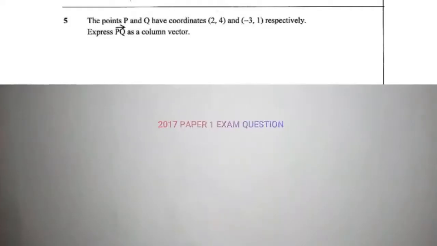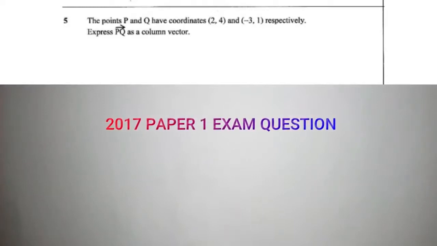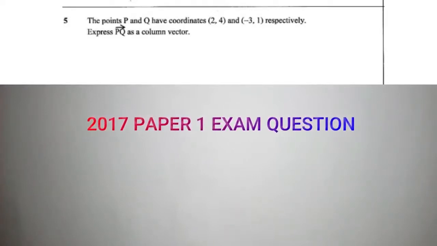This question came in 2017. So the question reads, the points P and Q have coordinates 2, 4 and negative 3, 1. These are just points, and there is a word which says respectively.